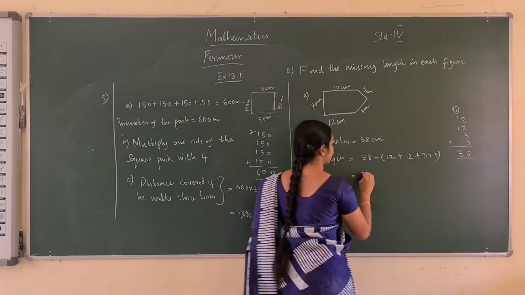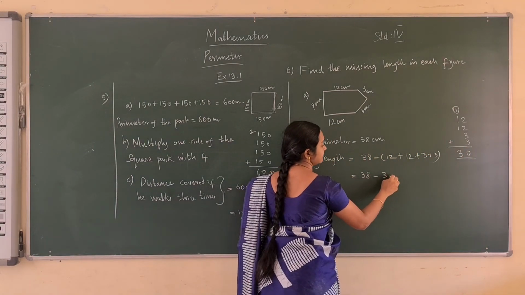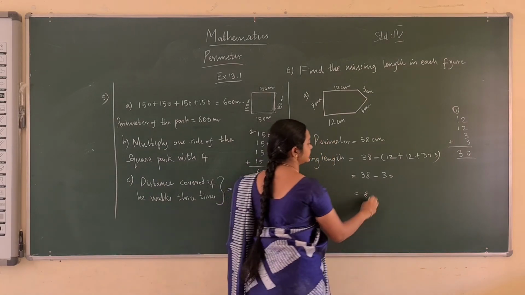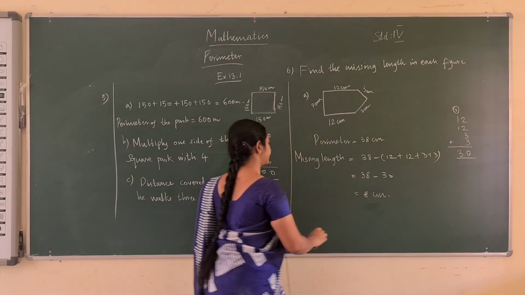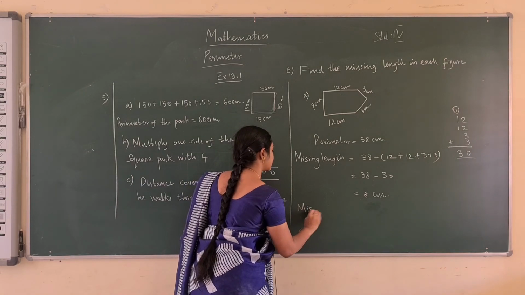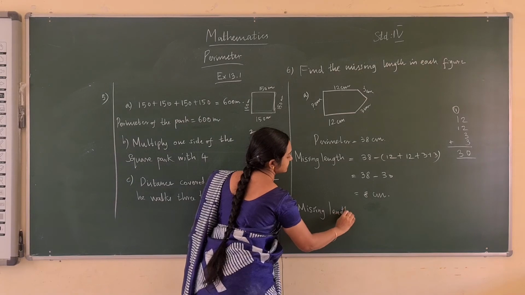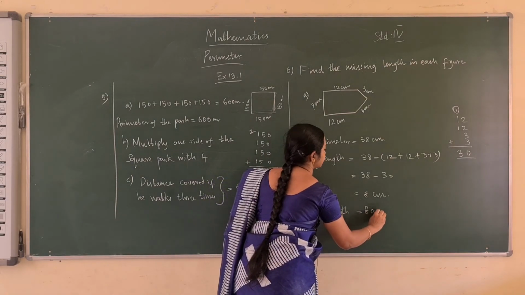So it is 30. 38 minus 30 equals 8. So it is 8 centimeters. The missing length is equal to 8 centimeters.